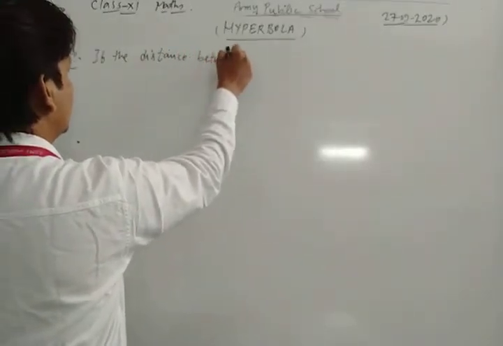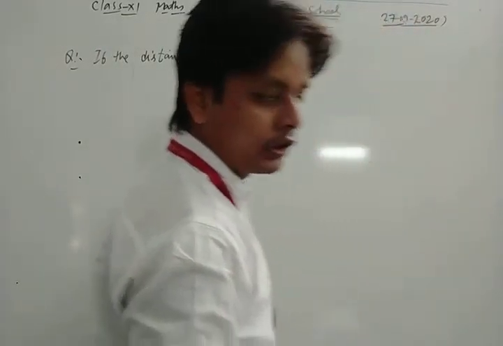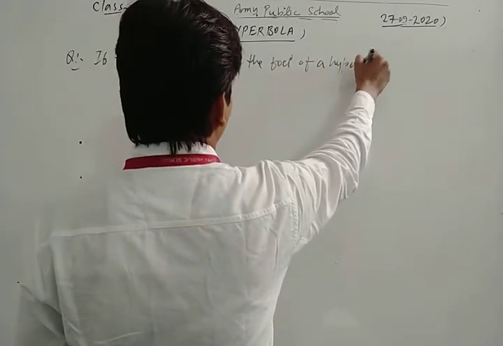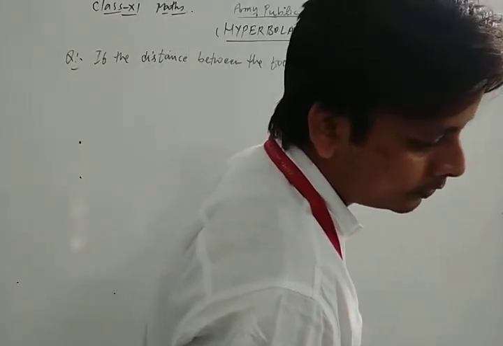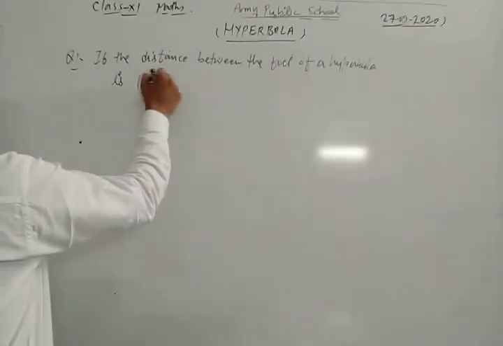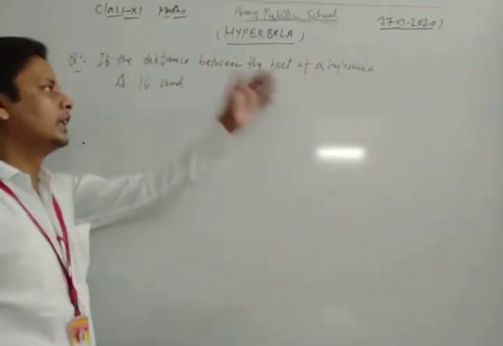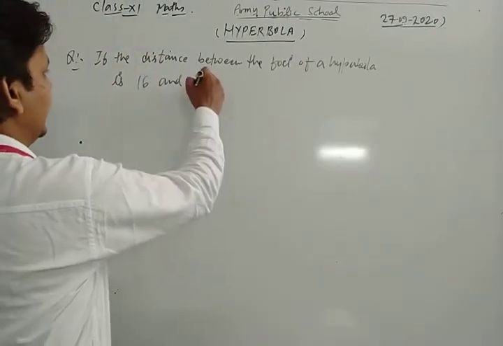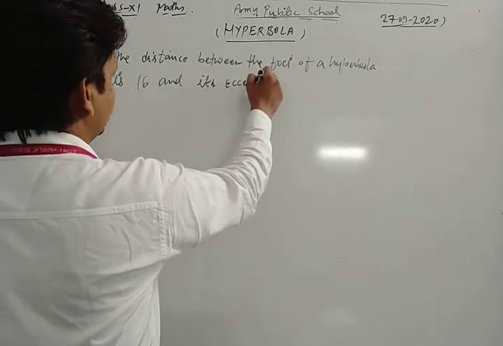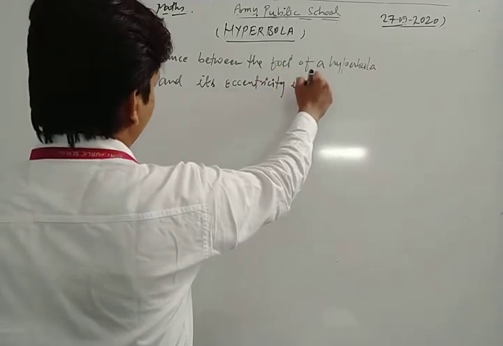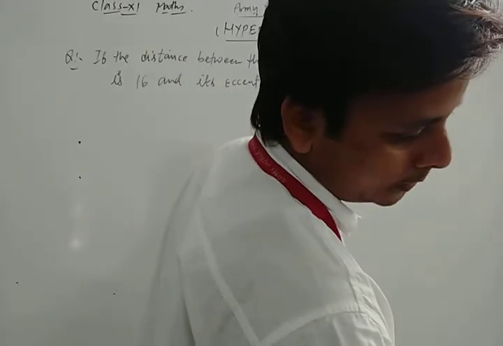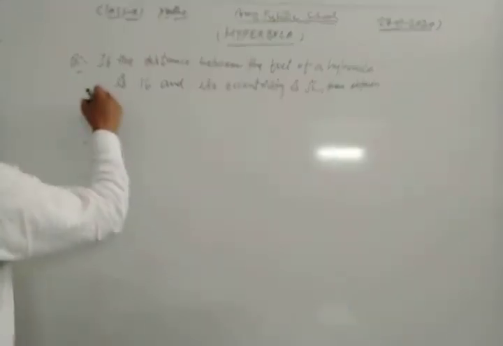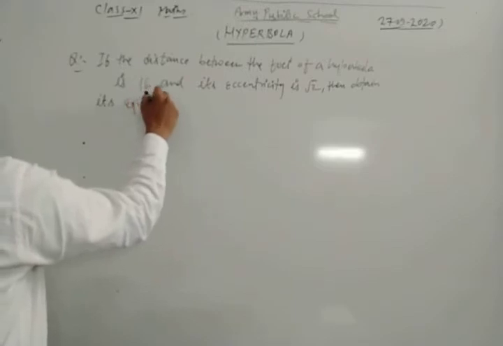If the distance between the foci of the hyperbola is 16 and its eccentricity is square root 2, then obtain its equation.